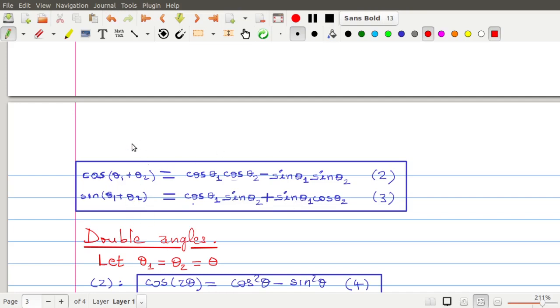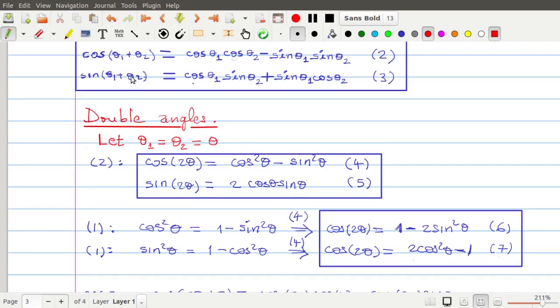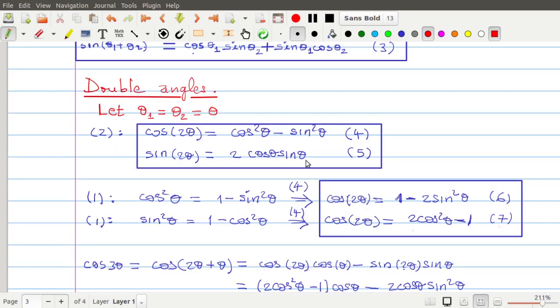We can prove it here directly, anyway, we will do that very soon. And we also derived the formulas for the double angle, formula 4 and formula 5. We used that to also derive formula 6 and 7.